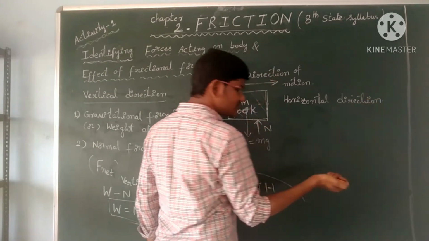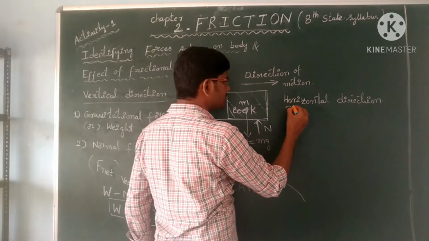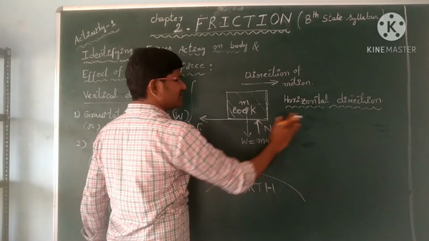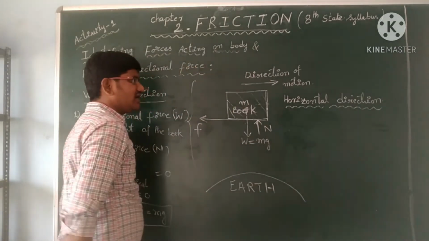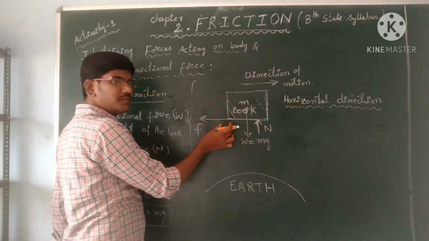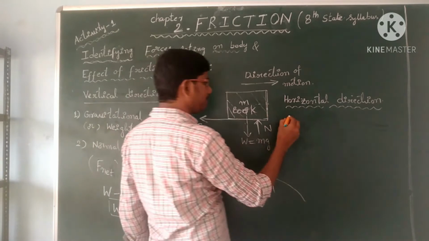So I want to study now in the horizontal direction how many forces are acting on it. And see children, in the horizontal direction the speed of the book is changing continuously.